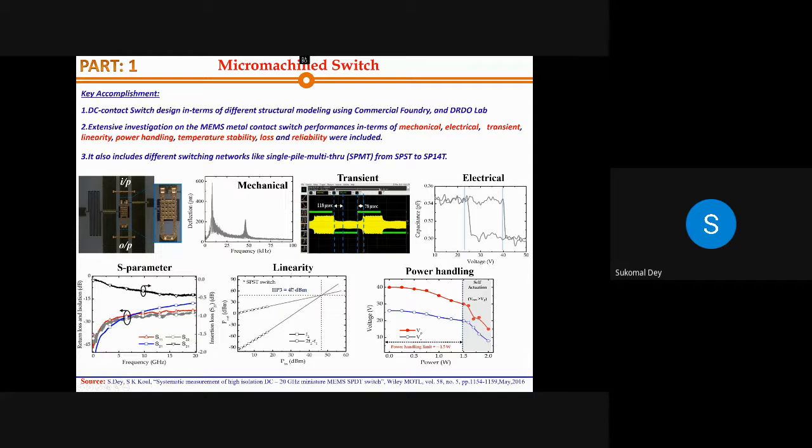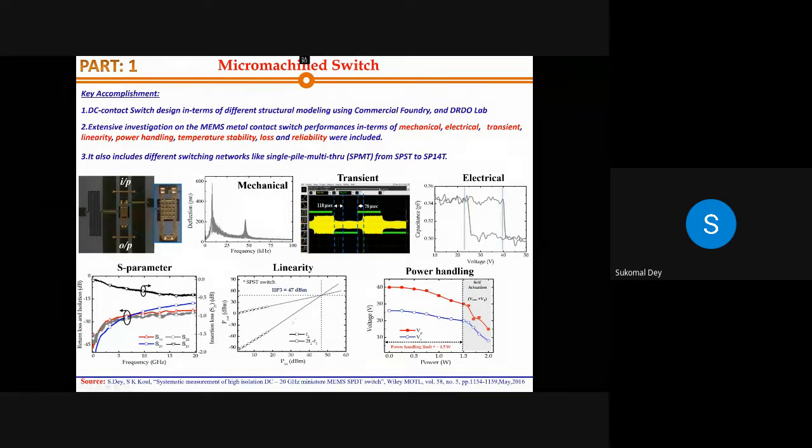Now the IIP3, the third order intercept point, you test through a two-tone measurement, where you give two frequencies through a power divider to the device under test, and you measure the IIP3 in a spectrum analyzer. It gives you a very good number, 47 dBm.